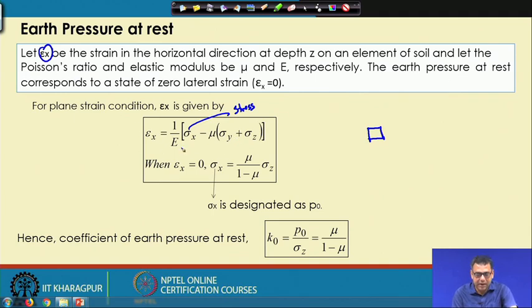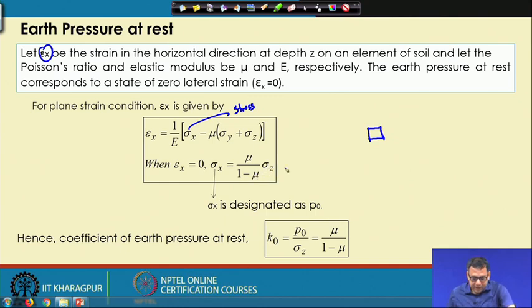I am not deriving this expression. You will get it from any standard book: the strain expression in terms of E and stress. Now when this strain is 0, sigma x will be mu over 1 minus mu times sigma z.